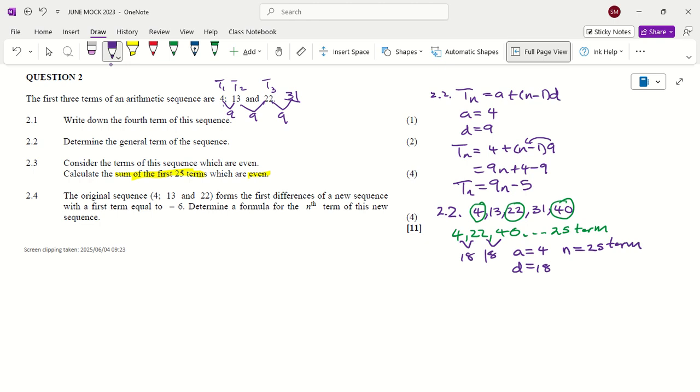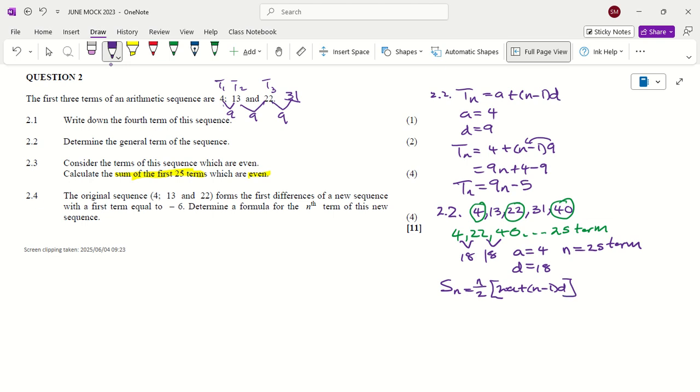And they didn't say find the 25th term. They said find the sum. So we know that the sum of an arithmetic sequence is n over 2 times (2a plus (n minus 1)d).